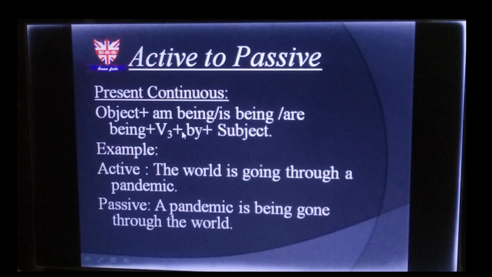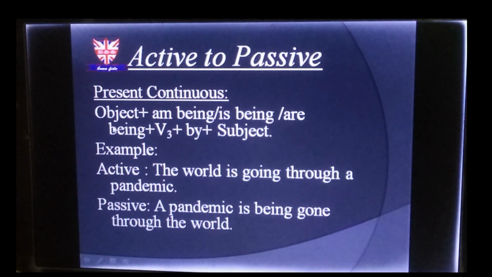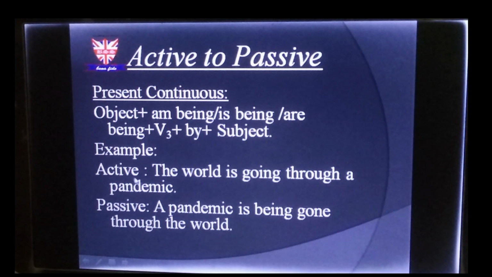Then you can see on the screen another slide, present continuous, as well as we can say present progressive. First of all, we have to write the object, then am being or is being or are being, plus V3, plus by, plus subject. In the example, we can see the active form: the world is going through a pandemic.